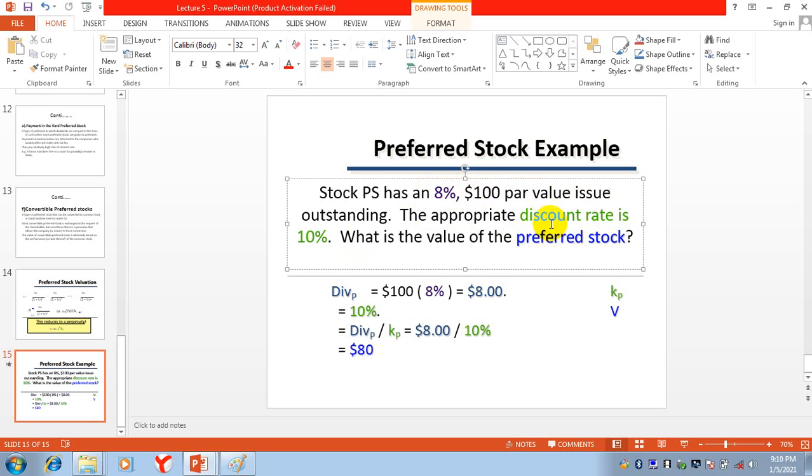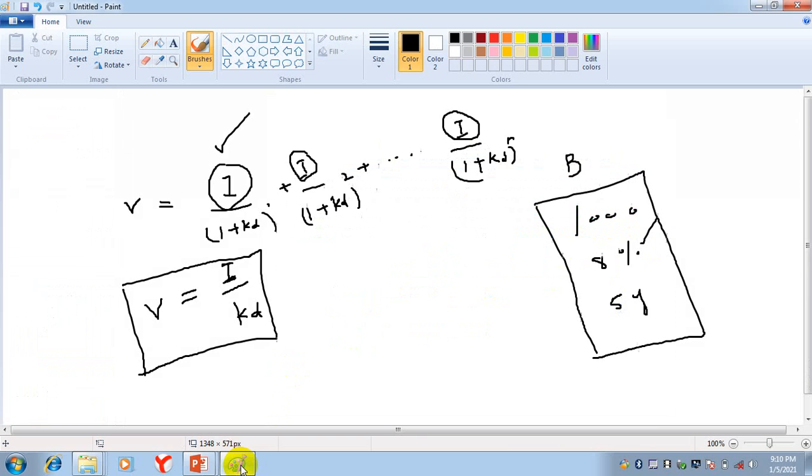The appropriate discount rate is 10%. What is the value of the preferred stock? So what will you do? You will calculate the value of this preferred stock.